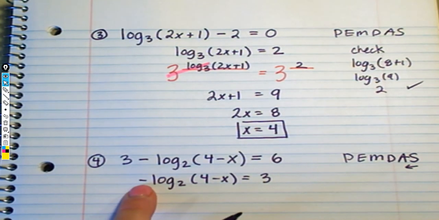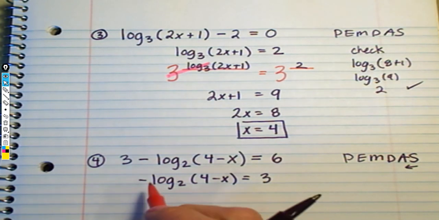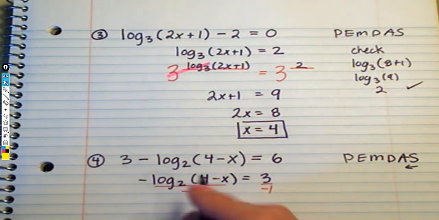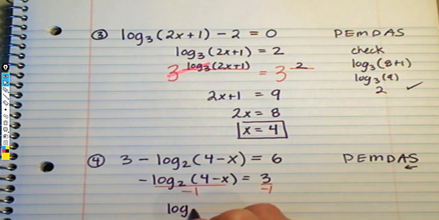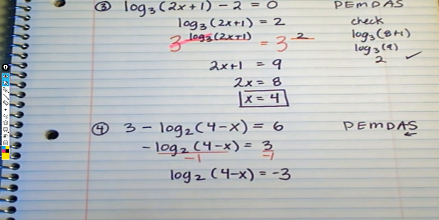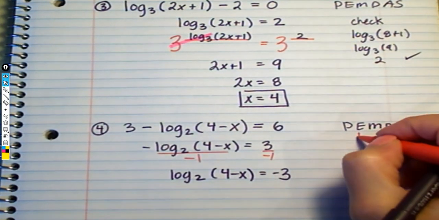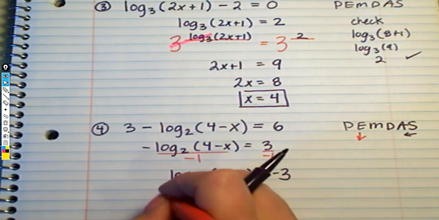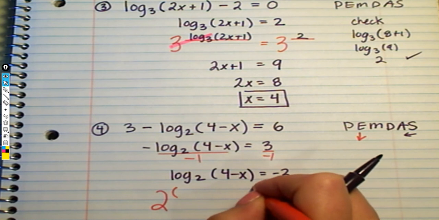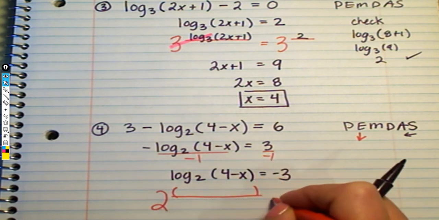And then I'm going to divide by this negative in front. Divide by -1. And now I have reached the exponentiate part. So I'm going to double size my letters. Exponentiate.